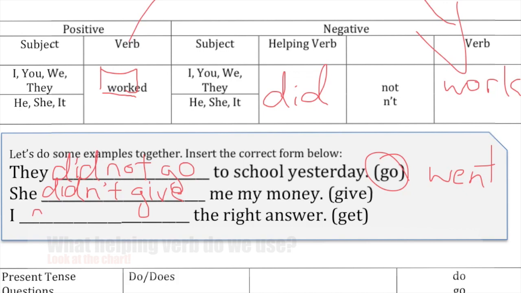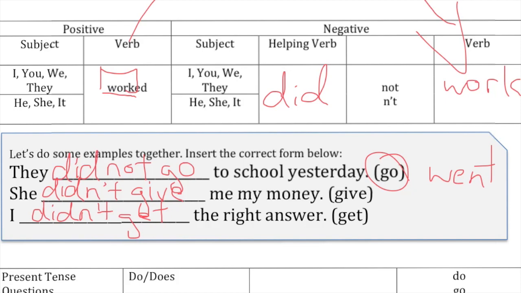So I did. Is it positive or negative? Well, these examples are all negative, so I'm going to put an apostrophe T. I didn't. What's the verb? Oh yeah, get. So the sentence reads, I didn't get the right answer. Or you can write, I did not get the right answer.